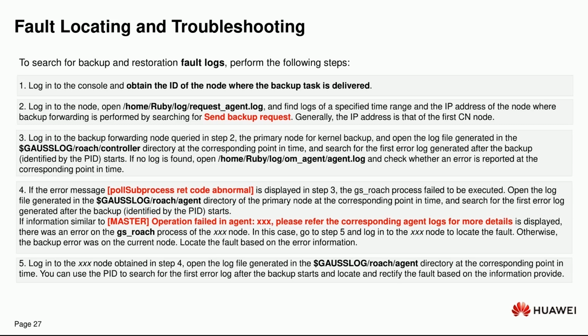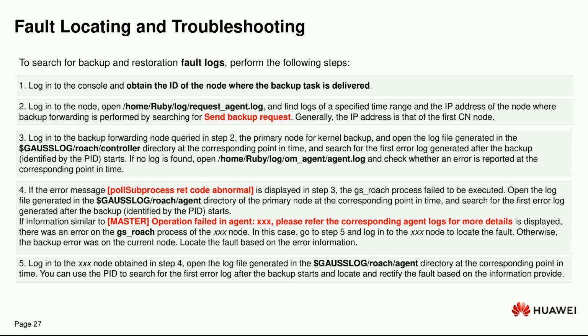If information similar to master operation failed in agent, please refer the corresponding agent logs for more details is displayed, there was an error on the GS roach process of the node. In this case, go to step 5 and log in to the specific node to locate the fault. Otherwise, the backup error was on the current node.